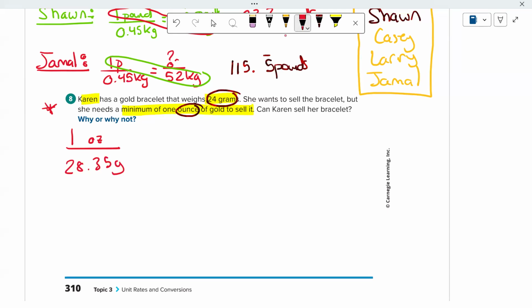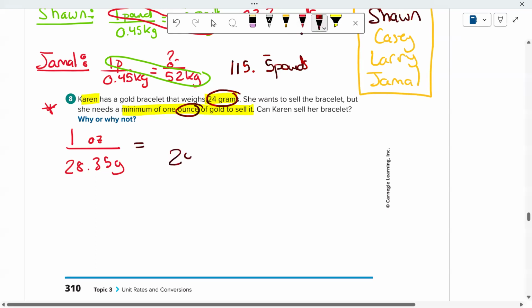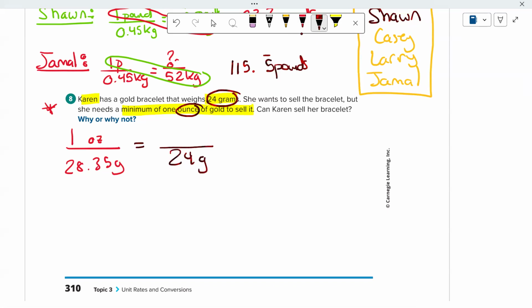And notice that's already smaller. So I have 24 grams. But okay, let's just do this math and see. So 24 grams. They said they need at minimum 1 ounce. 28 is already bigger than 24. So that's definitely already not going to work because I need at least 1 ounce. Do y'all see that? Hopefully, because that's not going to work. It has to be bigger than that to see if I even have an answer.